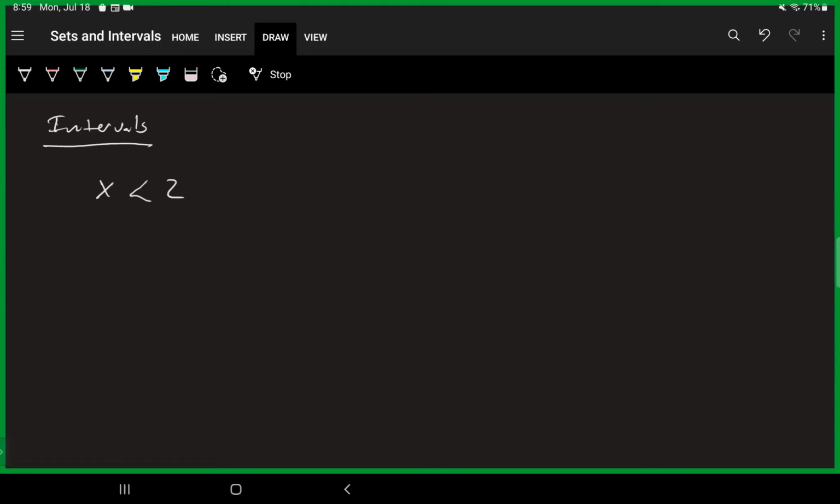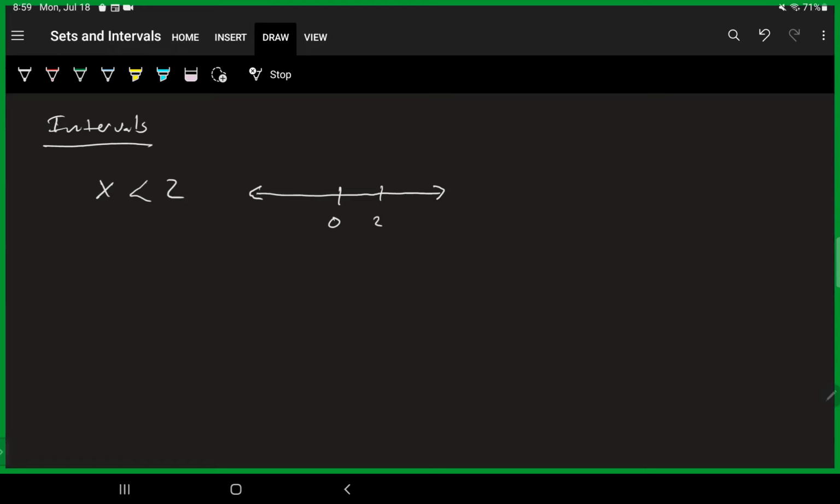And so when I talk about the set x is less than 2, it's actually easier to think about a number line. And then we think about where 2 is on the number line. In this class, I'm not going to always put 0 in, but for right now, I'm going to put it in as a marker. So 2 is to the right of 0.